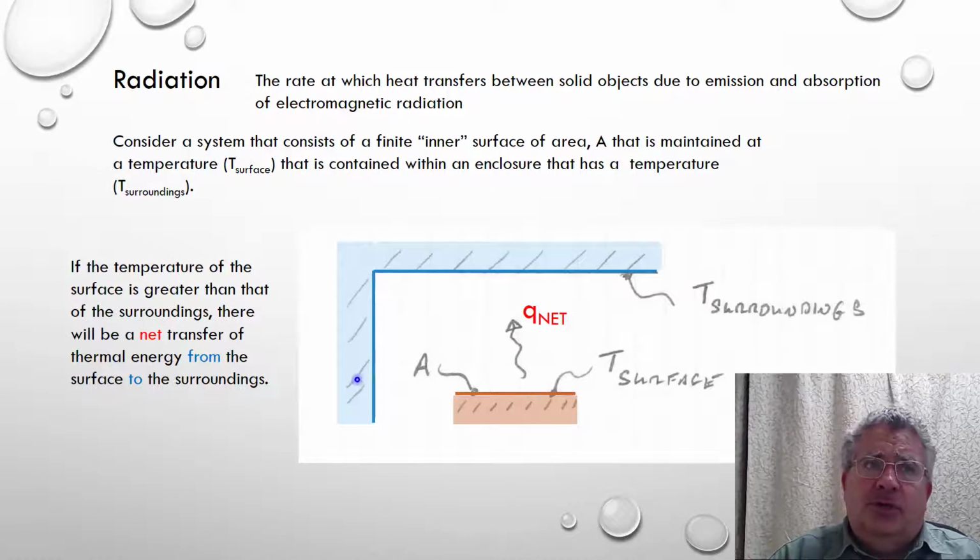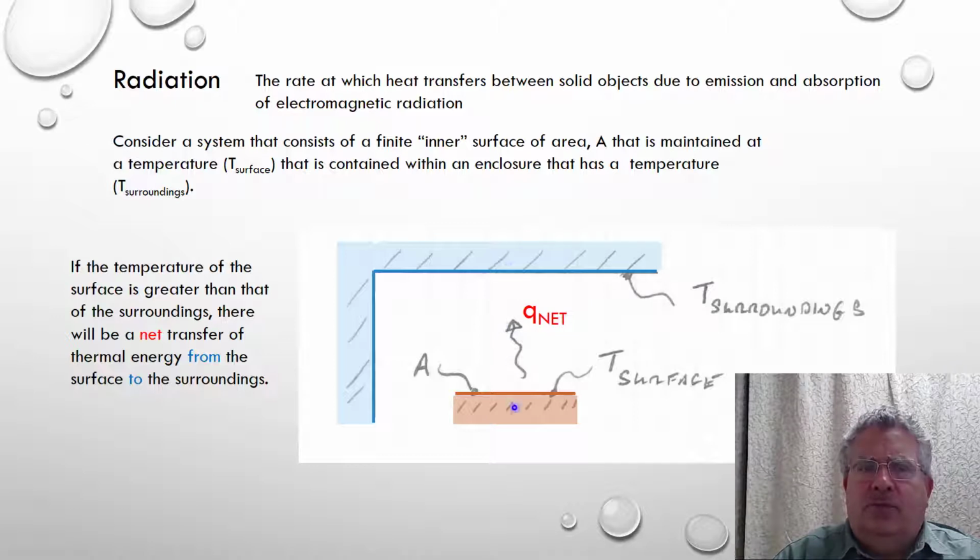So if the temperature of the surface is greater than that of the surroundings, you'll have a net rate of heat transfer going from the surface to the surroundings, and vice versa. If the temperature of the surroundings is greater than the temperature of the surface, you'll have a net radiation going towards it. What do I mean by net? Well, the surfaces are constantly giving off infrared radiation and absorbing infrared radiation, and it's the imbalance in those.